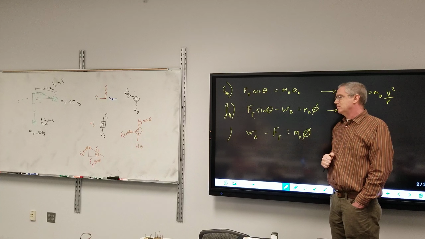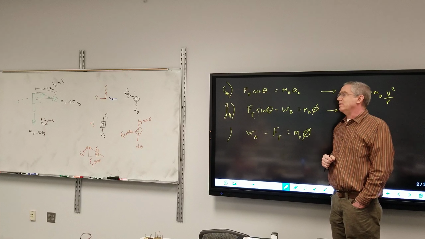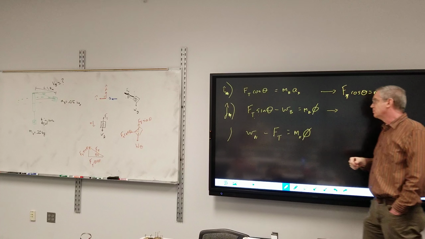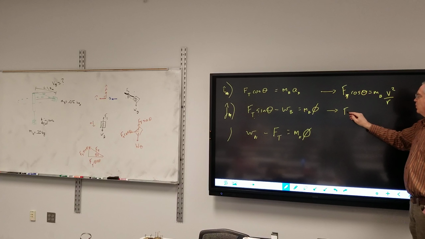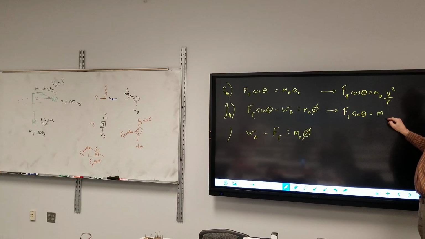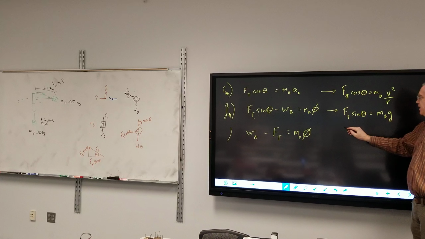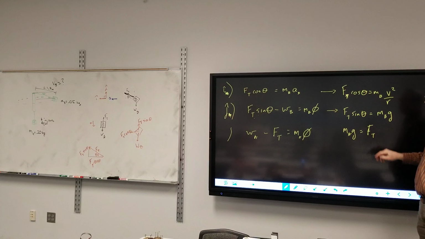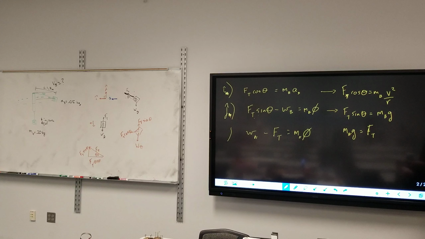So the only thing of concern when using that equation is the v squared over R. Right, and conceptually knowing that it's towards the center of the circle. So F_T sine theta is equal to m_B g, and m_A g equals the tension. And we're trying to find v.